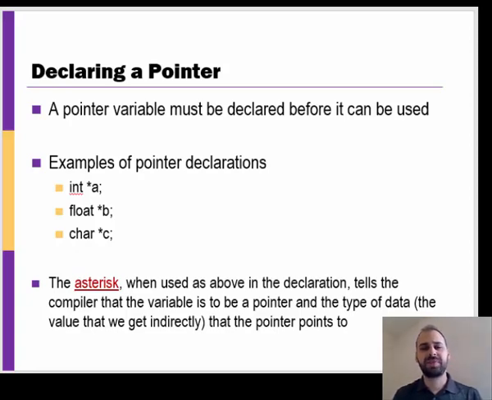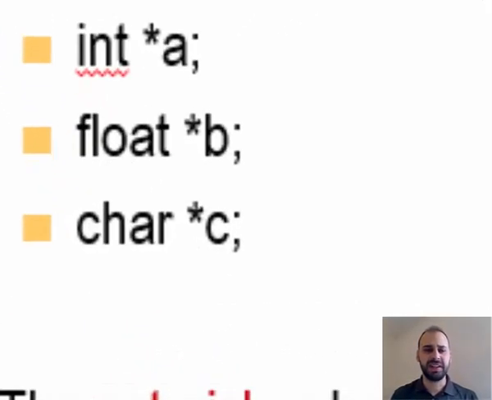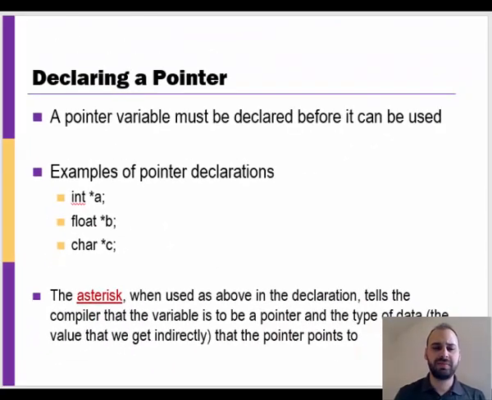Here we see three examples of pointers being declared: an integer pointer, a floating point pointer, and a character pointer. Notice the asterisk when you're declaring a pointer, indicating that this is a pointer that points to an integer, floating point variable, or a character.